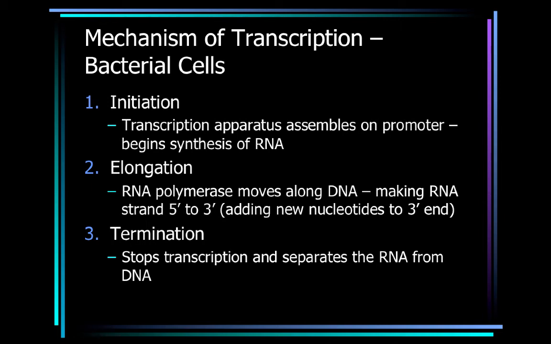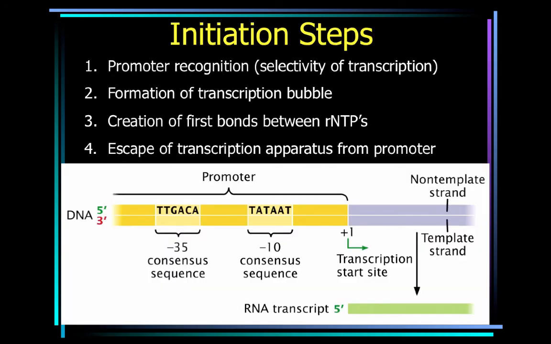Initiation is where the apparatus assembles on the promoter region and begins the synthesis of RNA. Elongation is where we see RNA polymerase move along the DNA, adding more nucleotides to the 3' end. And termination is where we see a stop of transcription and separation from the DNA.